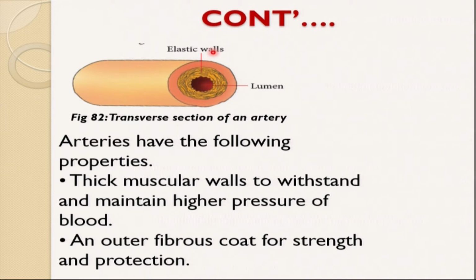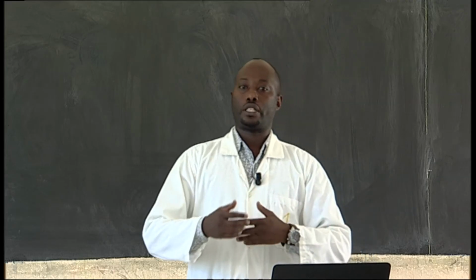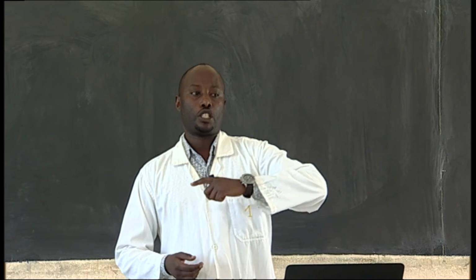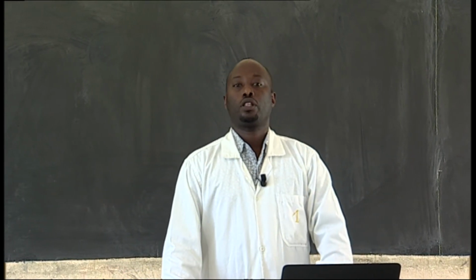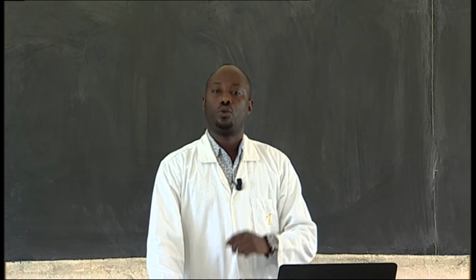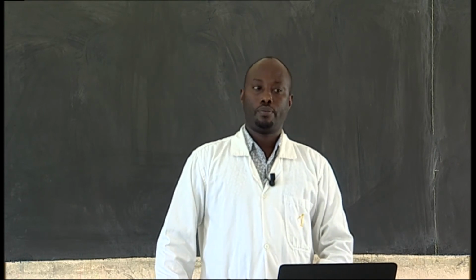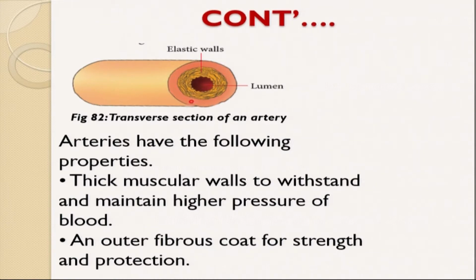This wall is elastic, without forgetting that this wall must be a thick muscular wall. It means the blood must be moving with high pressure, because the blood passing through the arteries is oxygenated, not deoxygenated.